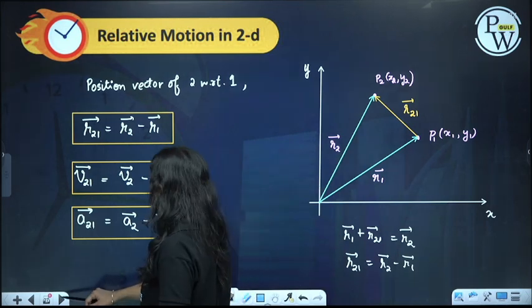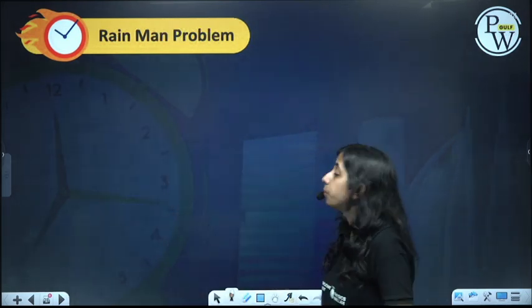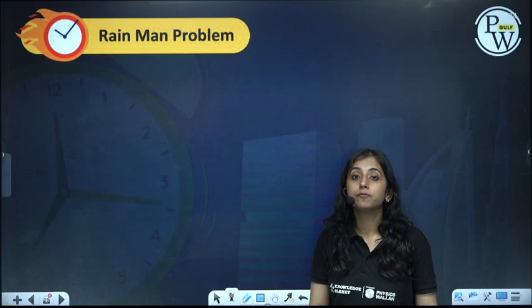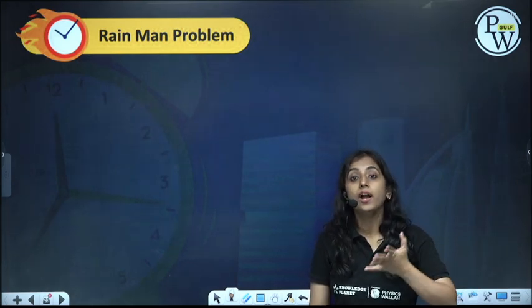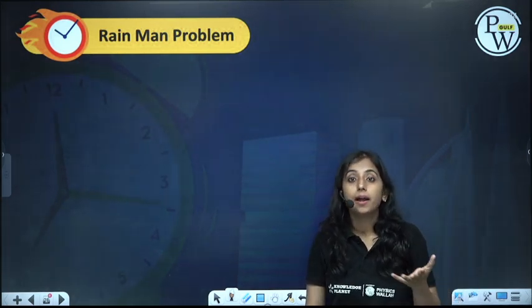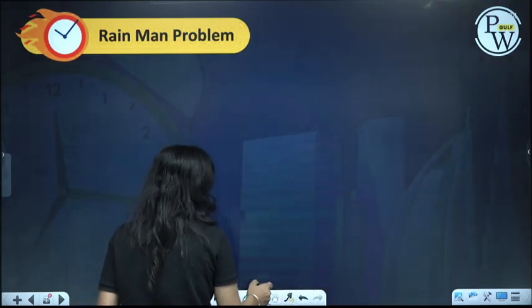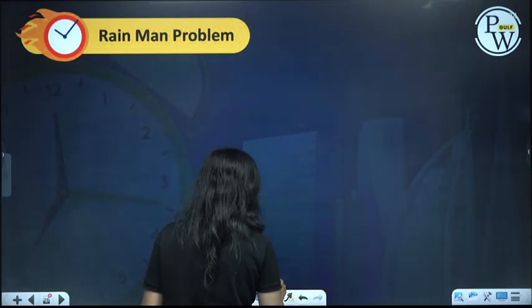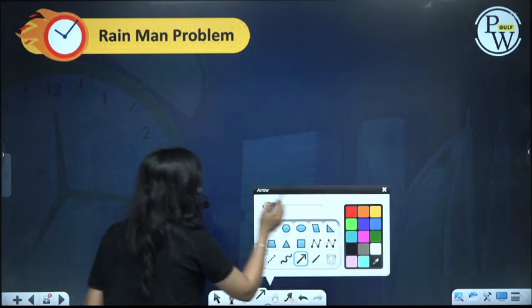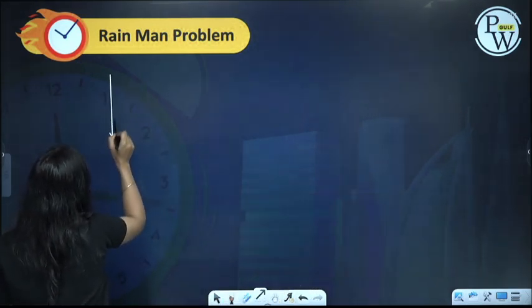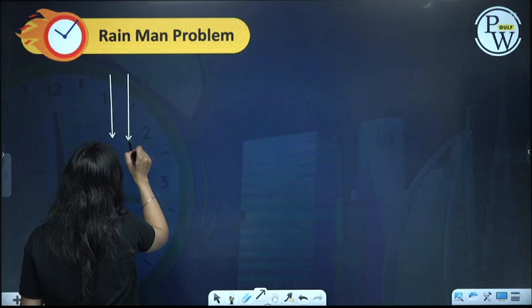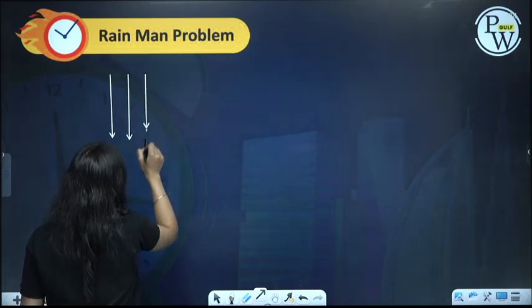Now let us move to some special problems of relative motion in 2 dimensions. One of them is the rain man problem. When it is raining vertically downwards, how do we hold the umbrella?